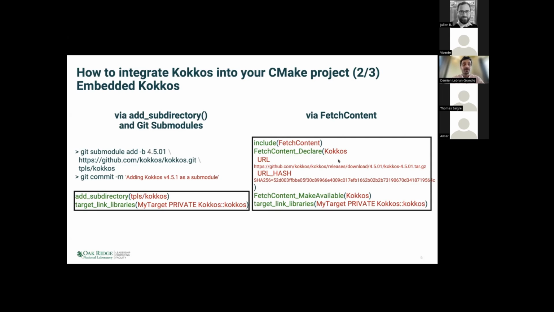So here with this command git submodule add with the -b option, basically you're saying that you want to have in your project at the directory called, I assume you see my mouse, tpls for third-party libraries, Kokkos. So you're going to download the version 4.5.01 there, and then you just commit it to your repo. And so now your project has everything in place to get the source.